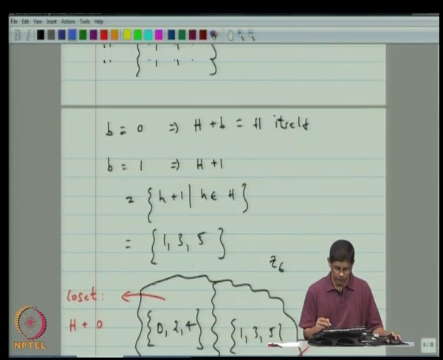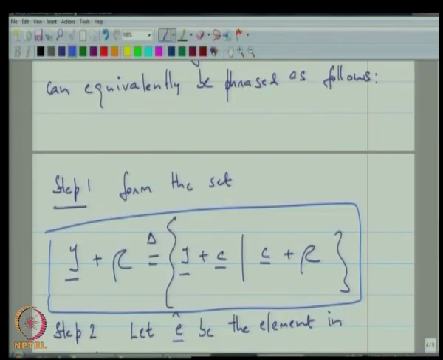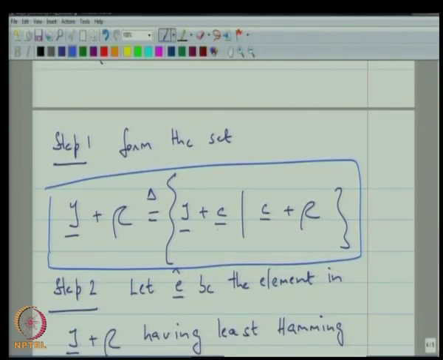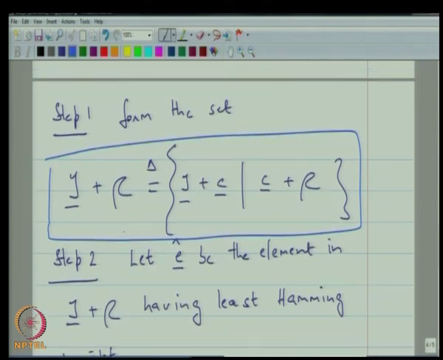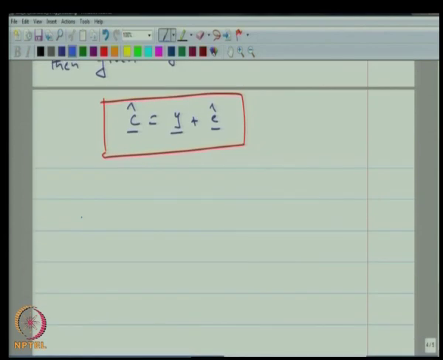Right there we had introduced this notation H plus b. So, we have exactly the same situation where you have a subgroup which is the code, and then you are adding an element to it. Hopefully that helped put things back in perspective. So, let us get back to our lecture. So, here the role played by H is now played by the code, and so it is in the same sense. Okay. So, we will just make a remark here.